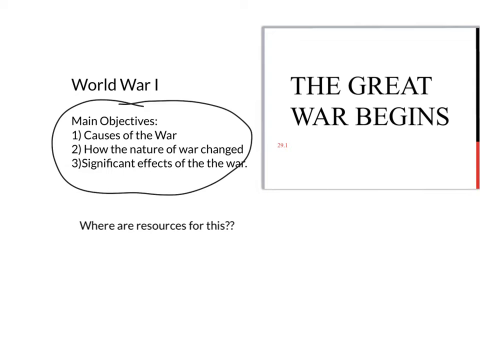The most important thing I think that we can do at this point is remember where it is that we need to look to find information. So that's what I wrote here. What are the resources for this chapter? First of all, it'll be the chapter 29 material in your book. You can read through that chapter, and that'll be step one.